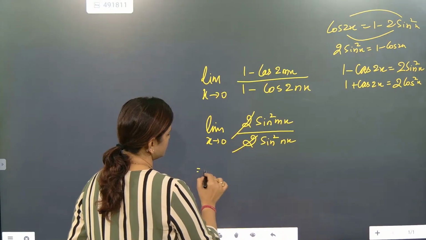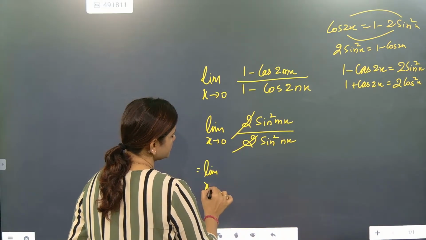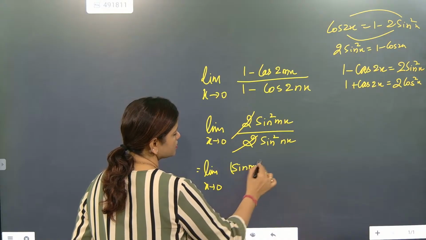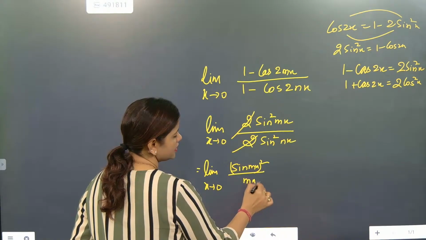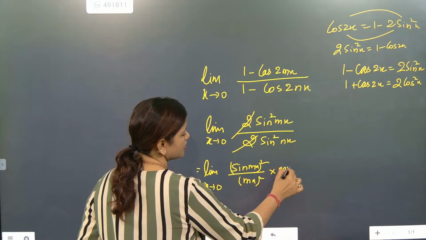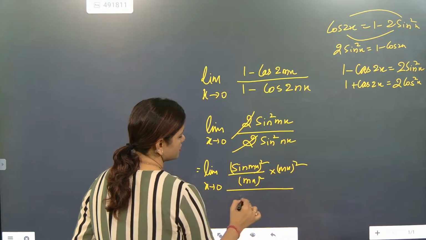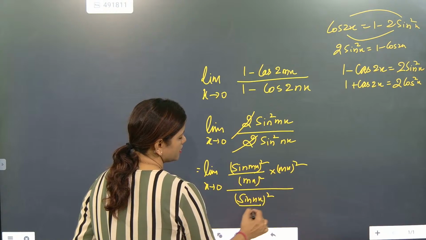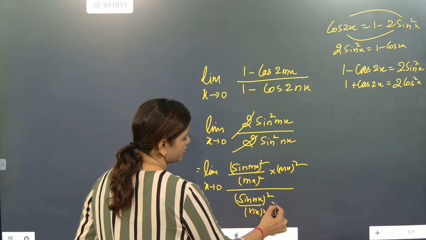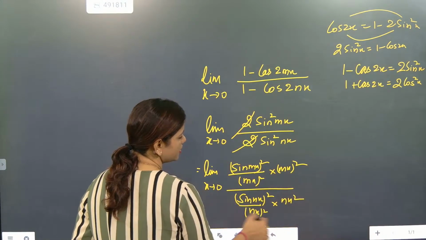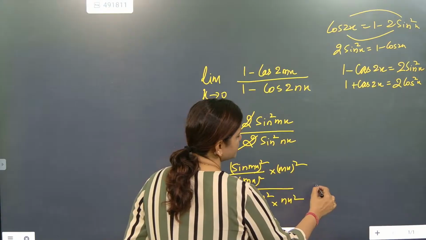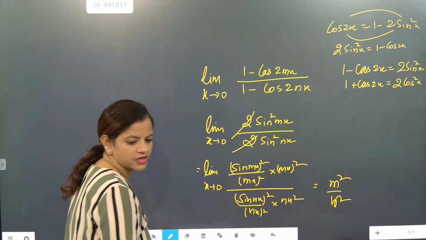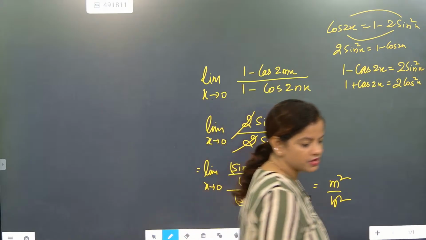The 2s cancel. Now, limit x tends to 0, here you write sine mx whole square, which means mx whole square down, mx whole square up; sine nx whole square by nx whole square into nx whole square. This part and this part will become 1. X square will cancel. The answer will come as m square by n square. That's it.